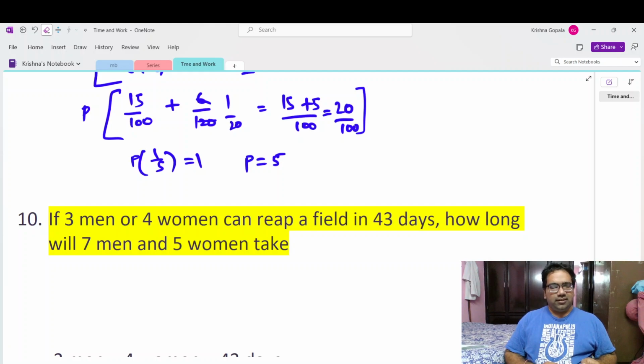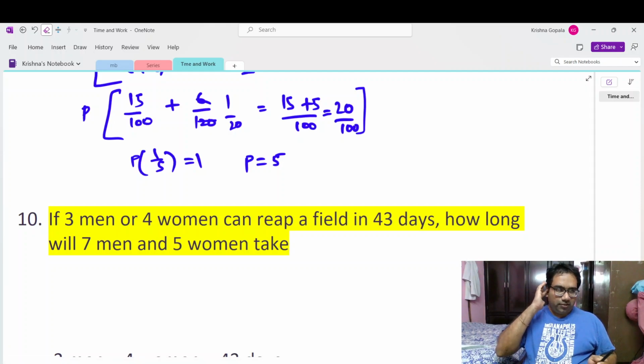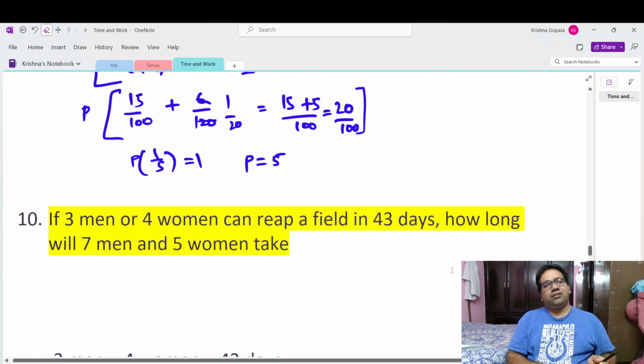3 into 6. In this case, 3 men doing for 43 days. So 3 into 43 is the number of days of work. The total work is 3 into 43. Each person is doing 1 by 3 into 43 of work on each day.